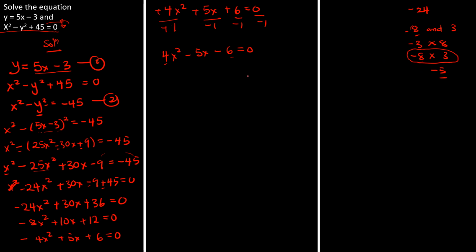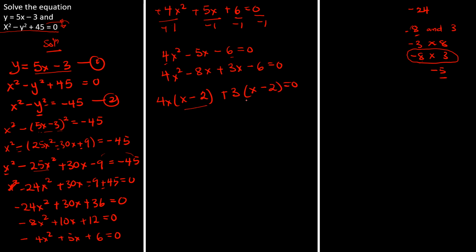Okay, so with this, I can say it's 4x squared minus 8x plus 3x minus 6 is equal to 0, right? So for me, I can take 4x out. So 4x out, x minus 2, right? Then for me, I can bring 3 out, and x minus 2, that'll give me 0.